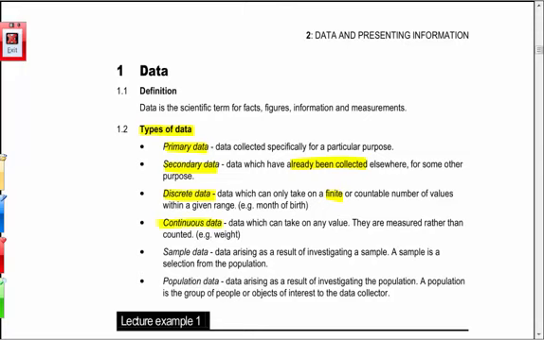Continuous data then can take on any particular value, and it's something that's measured rather than counted. So, for example, your weight. Sample data then is when we look at a sample of the population or a selection of individuals rather than the population as a whole, which is called population data.